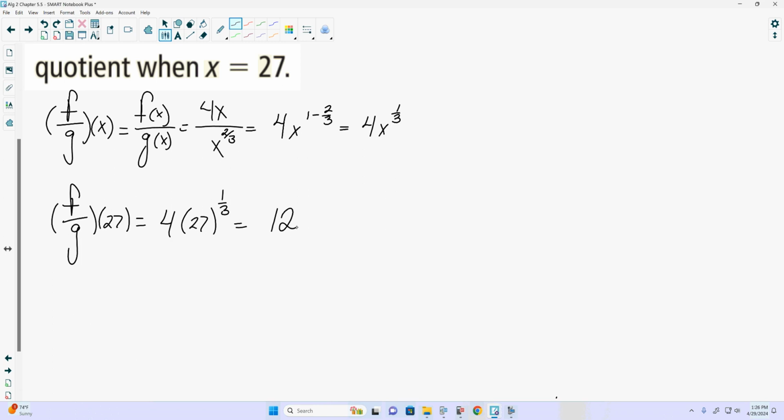That is 3, because 3 times 3 is 9, 9 times 3 is 27, and 4 times 3 is 12. I thought it meant like 1/3 of 27. No, it was what times itself 3 times. Essentially, it's asking for the cube root of 27, which would be 3.